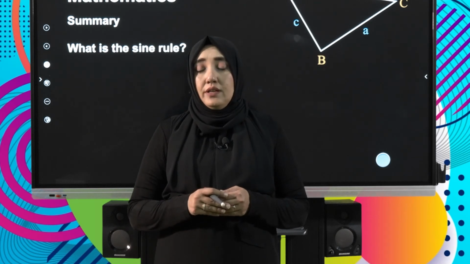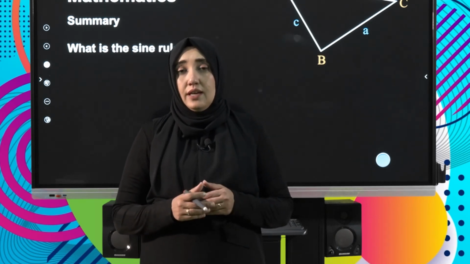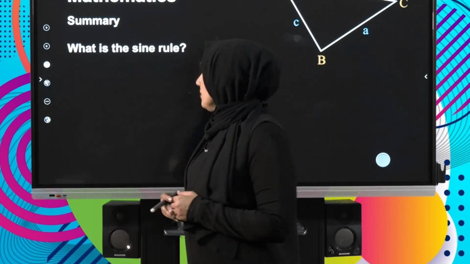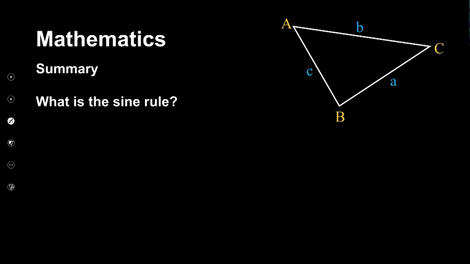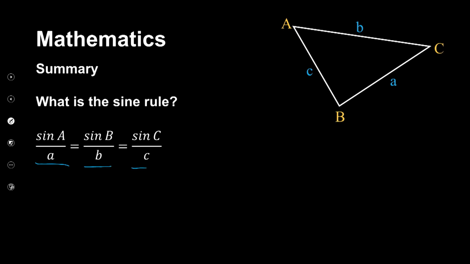So we've almost reached the end of our lesson for today, where we dealt with the sine rule. Let's do a quick recap on what the sine rule is and how it's used. So the sine rule for any triangle ABC is sine A over a equals sine B over b, which equals sine C over c.